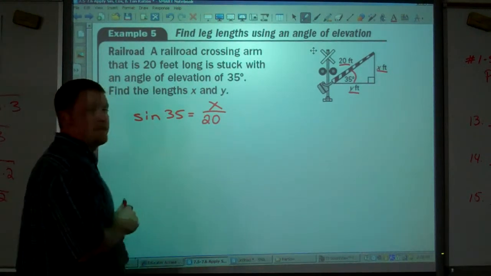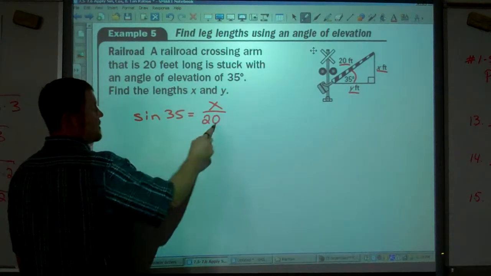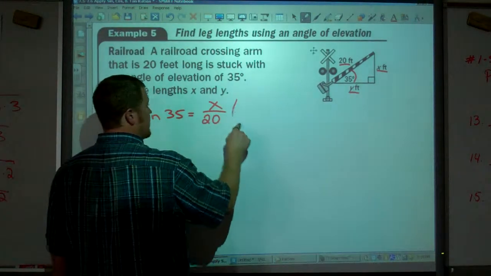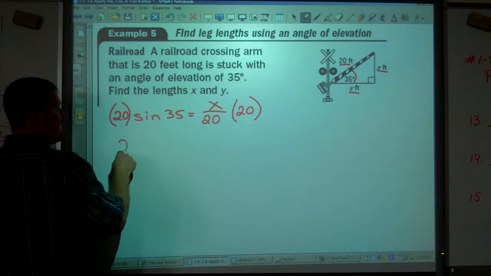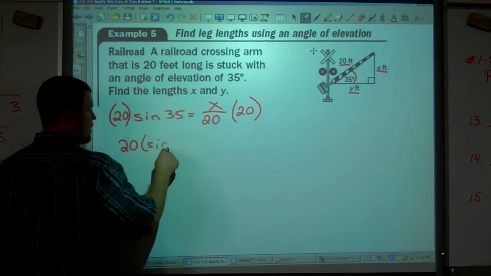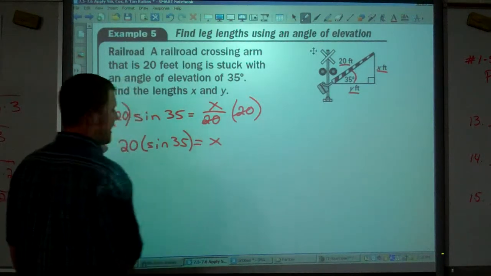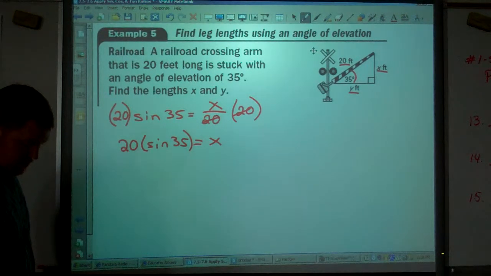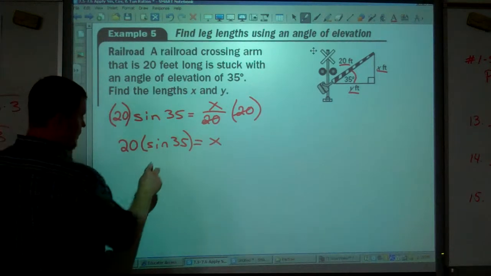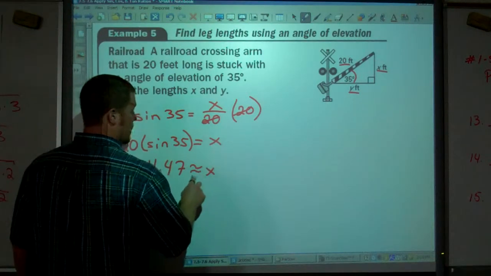Can I solve that one? Yes, I can, one variable. Always multiply by what's in the denominator, so we multiply by 20. So 20 times the sine of 35 equals x. The sine of 35 times 20 is 11.47, and that's feet.